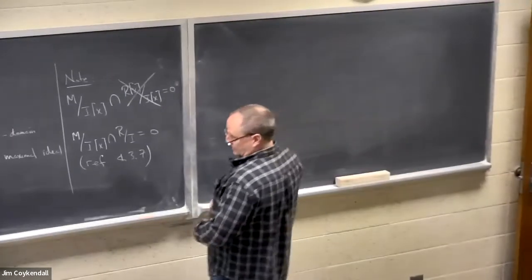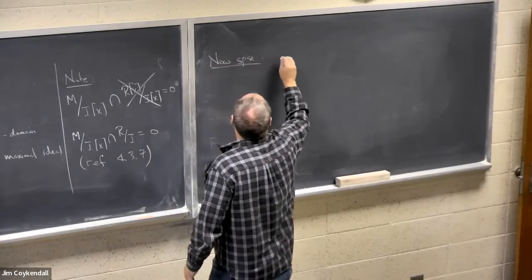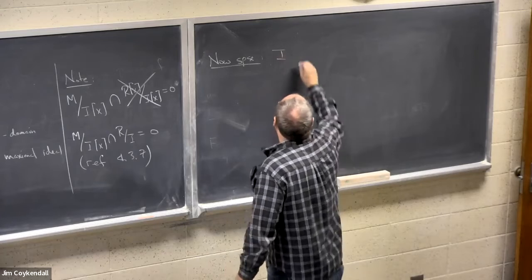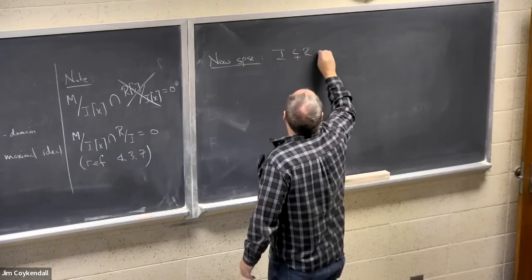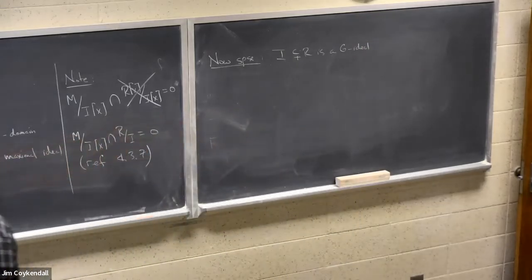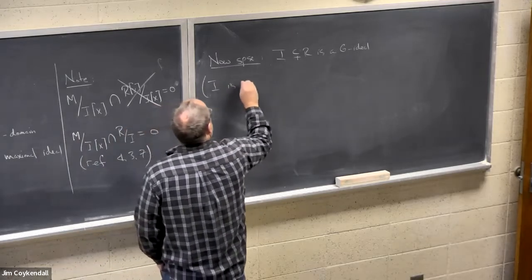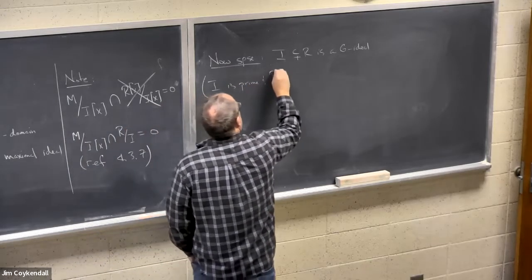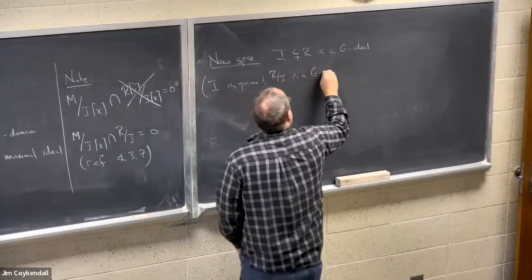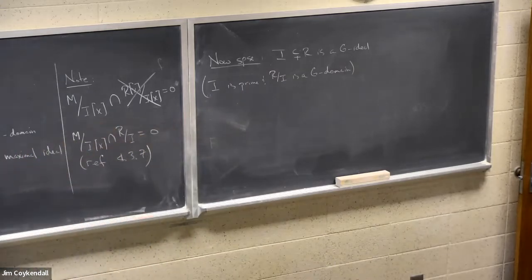So now suppose I in R is a G ideal. So I is prime and R mod I is a G domain.